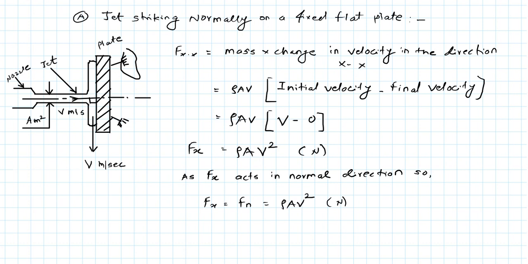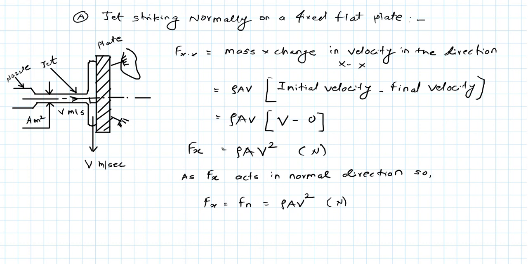That's why Fx is equal to mass into change in velocity using the impulse momentum principle. The mass that strikes the plate is rho a v, because the same amount is discharged through the nozzle. So mass is equal to rho a v.